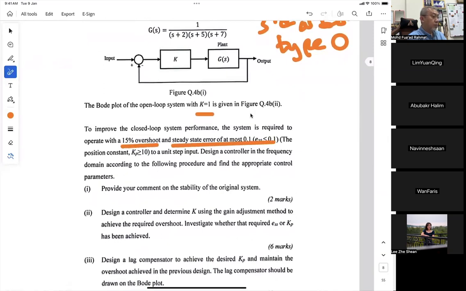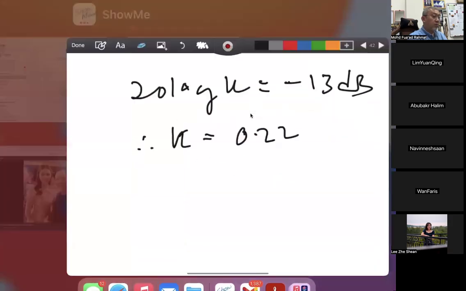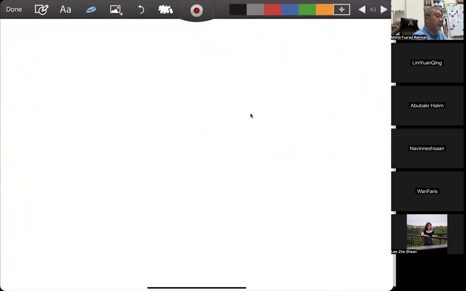Position constant. Design a controller in the frequency domain according to the following procedure. So how to do it? Nevin, how to do it?